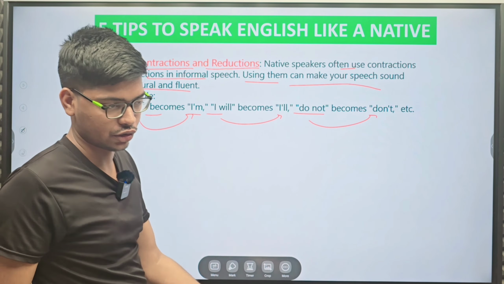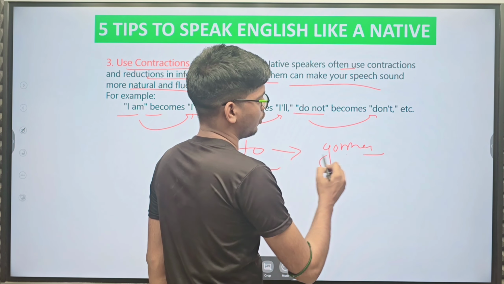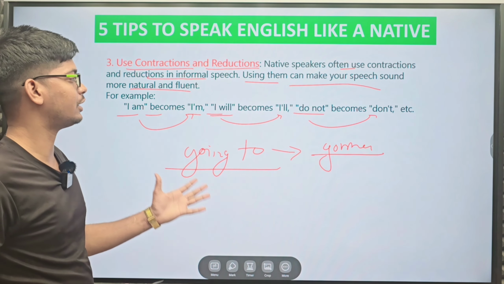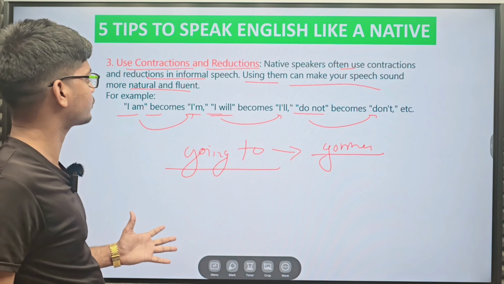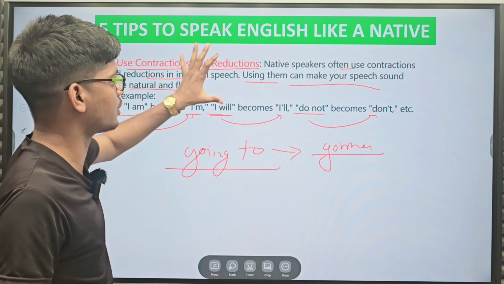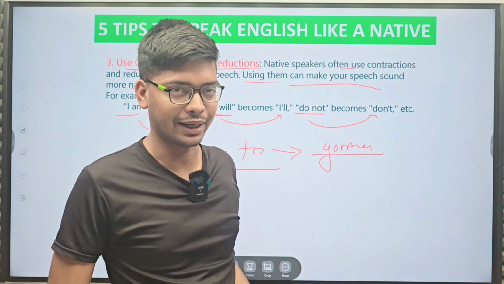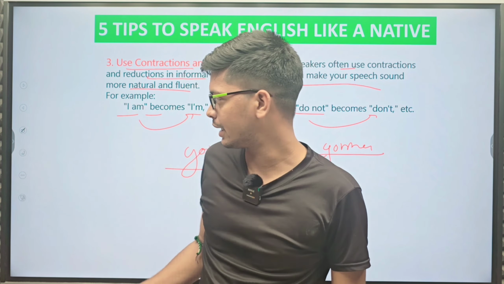I will becomes I'll. And you know, going to becomes gonna. So that is the contraction form here. So you can use contractions and reductions. So let's see our next tip.